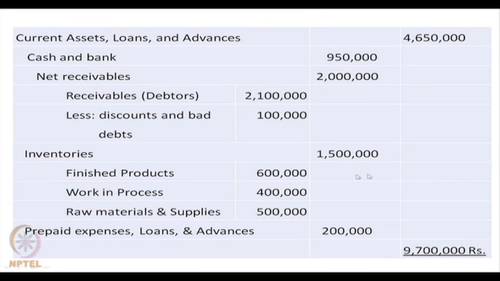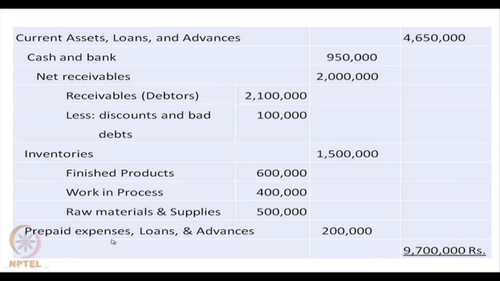Then we come to current assets. Under current assets, loans and advances, we have cash and then receivables, then net receivables, inventories and prepaid expenses.